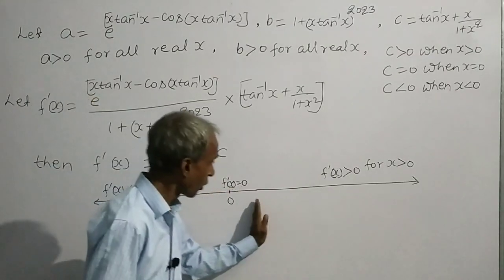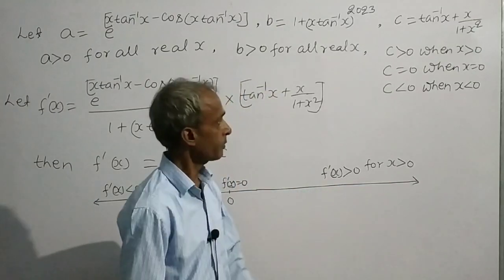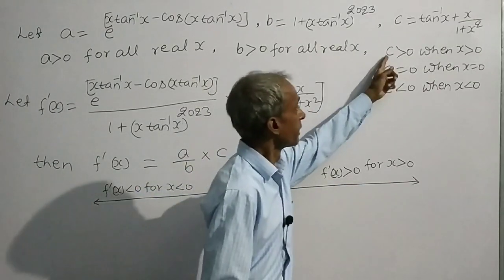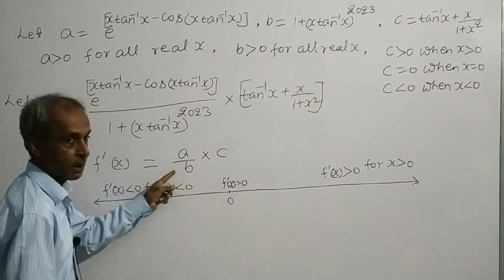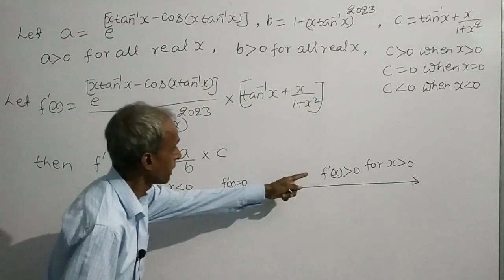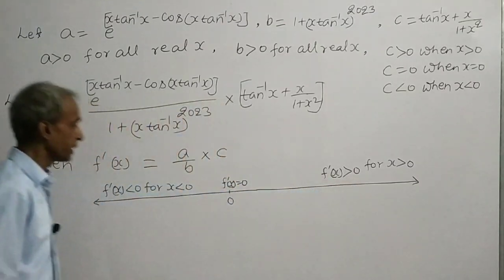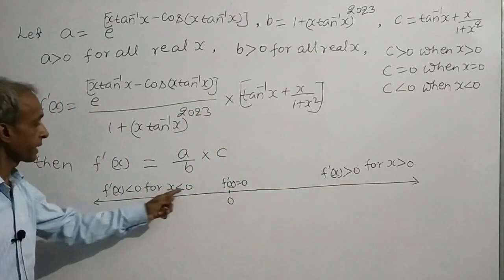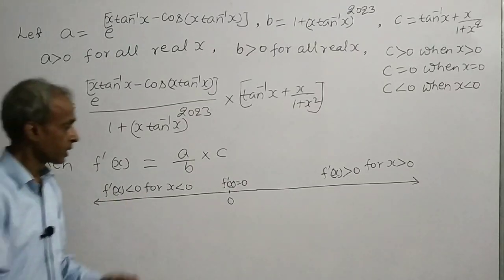When the x coordinate is positive, then C is positive, and a positive number times a positive number will be positive. That means f dash x will be positive. Similarly, when x is negative, then f dash x will be negative.